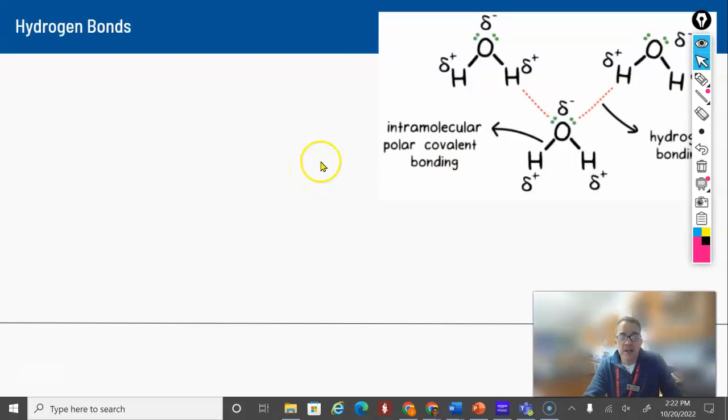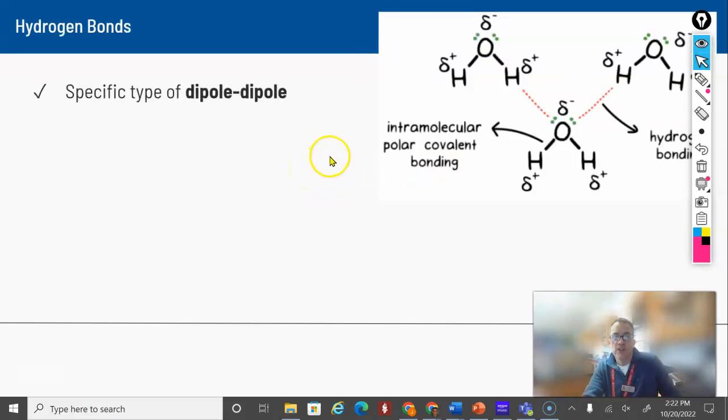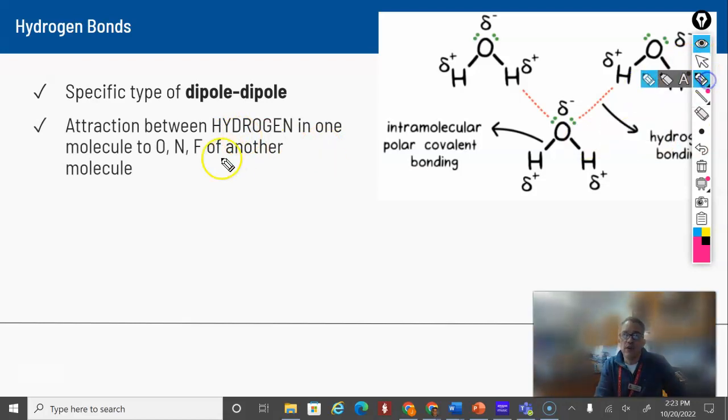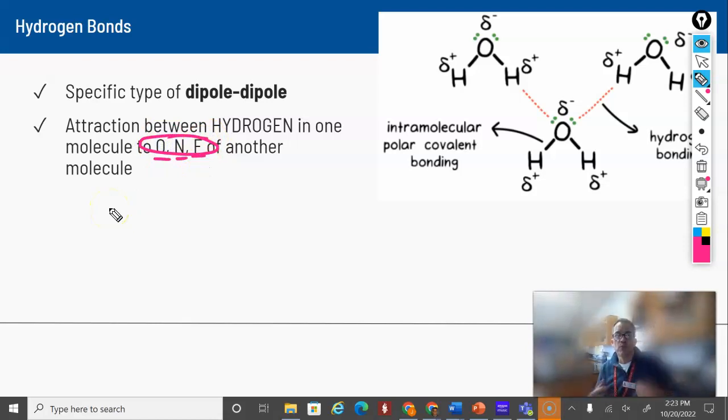There's a specific kind of dipole-dipole interaction called a hydrogen bond. As you might imagine, it has a hydrogen in it. And more specifically, it's when hydrogen is having a dipole with oxygen, nitrogen, or chlorine. These are three of the most electronegative atoms that we have, which means that they're going to be winning the tug of war pretty easily.